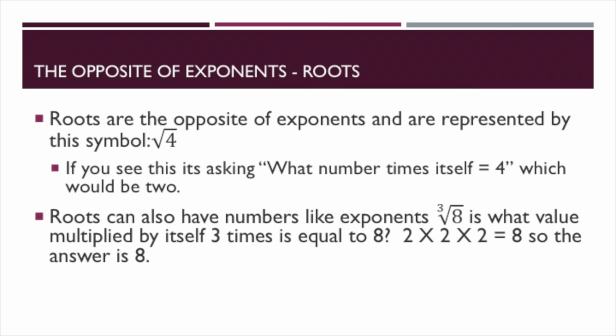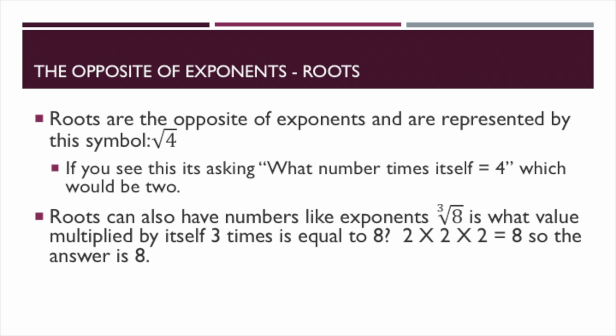Now the opposite of exponents and powers is something called roots. If you see a symbol like you see on the screen, which is like a little check mark with a number inside it, it's asking you what number times itself equals that value. On the screen we saw what's called the square root of 4, and that means what is 2 times 2. That's the default value too.